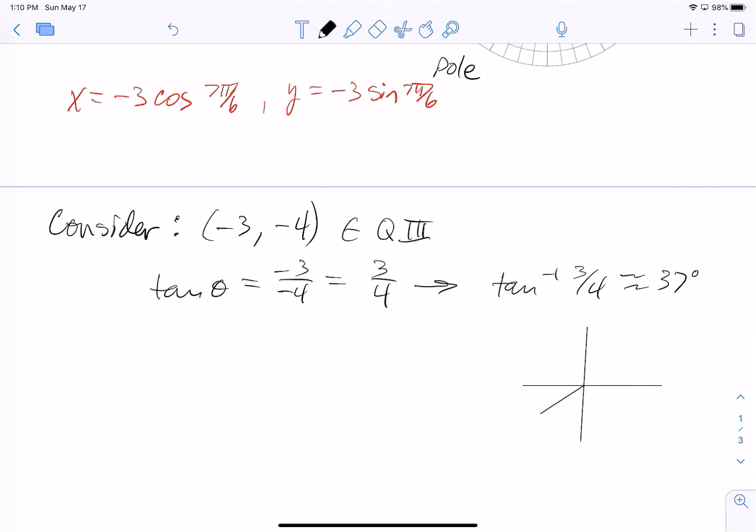And so if we consider this angle here, made with the negative x-axis of 37 degrees, then we see that I need to add 180 degrees in this case. And so here, theta is going to be approximately 217 degrees.